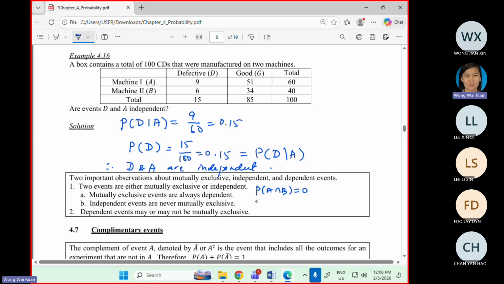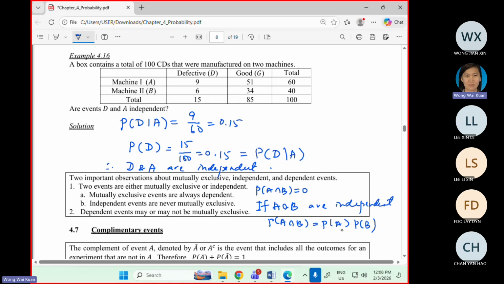And one more thing, later we know that if A and B are independent, then probability of A intersect B must be the same as probability of A times probability of B. So when you multiply two positive probabilities, how can I get 0?